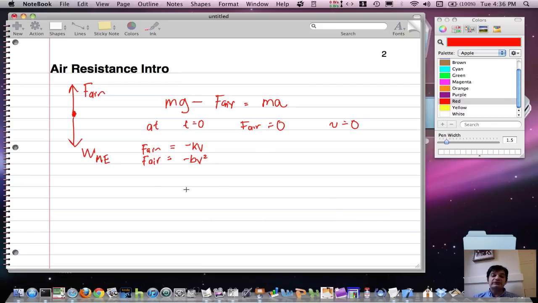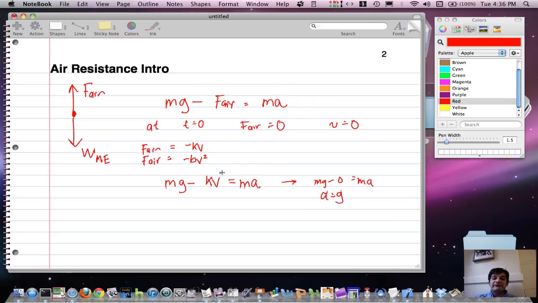Here's the situation, and this is why we need calculus. I have mg minus, let's say, kv. We're falling with this linear air resistance. At time equals 0, I'm not traveling at any speed at all, so my equation starts off being mg minus 0 equals ma, and my acceleration is just gravity, like we said before.